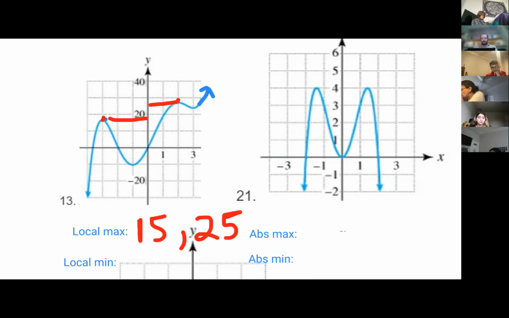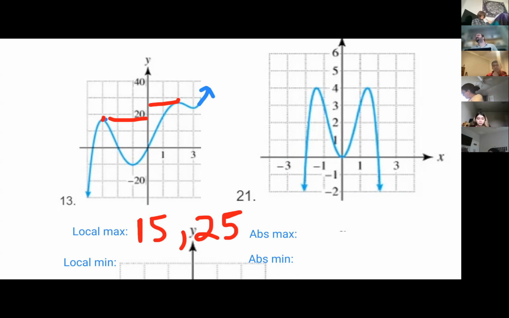Okay. What about absolute max? Is there an absolute max on this thing? No. Is that 25 an absolute max? Why or why not? No clue.